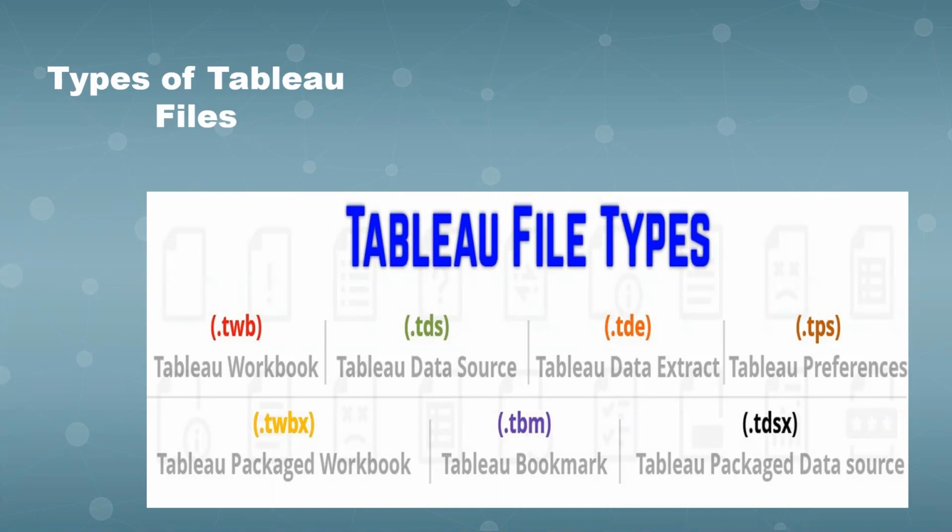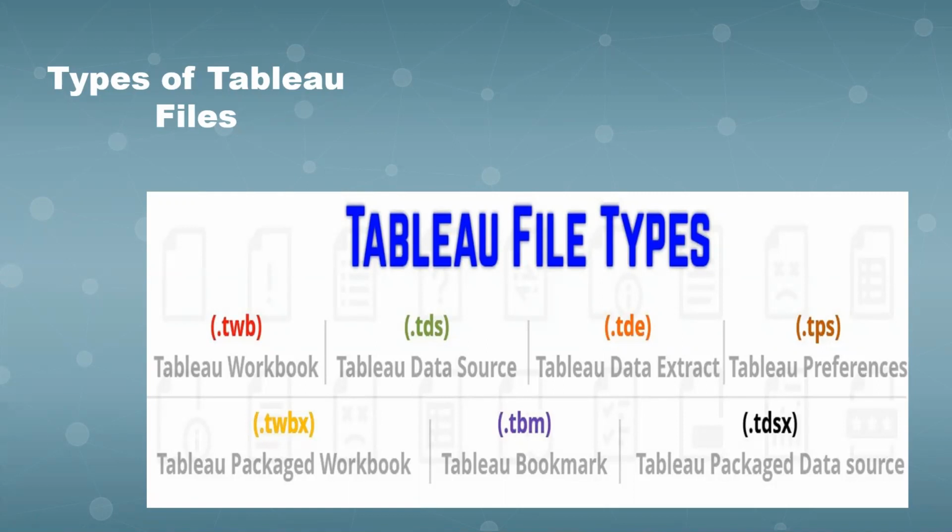Now, what are these .twb, .tds, .tde, .tps, and all of these? These are file extensions. What are file extensions? Let me put it in a very simple way: you can call them a suffix at the end of a file name that indicates what type of file it is.